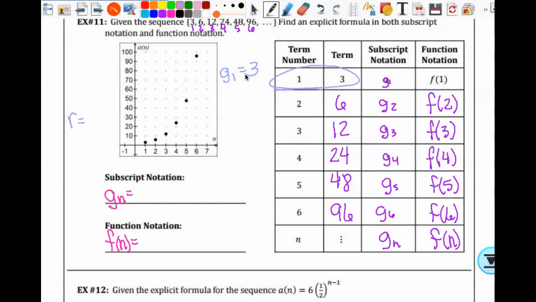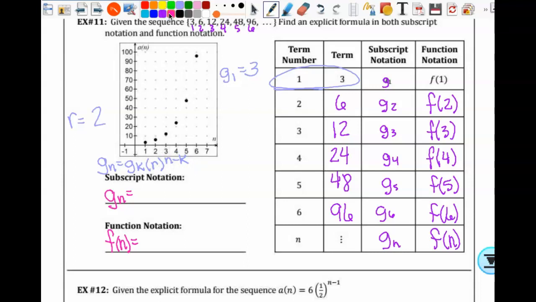We can use that as G sub k. What is R? 2. Sure it's not 1/2? Or is it 2? It's 2. Okay, R is 2. Our generic formula, G sub n, is equal to G sub k times R to the n minus k power.